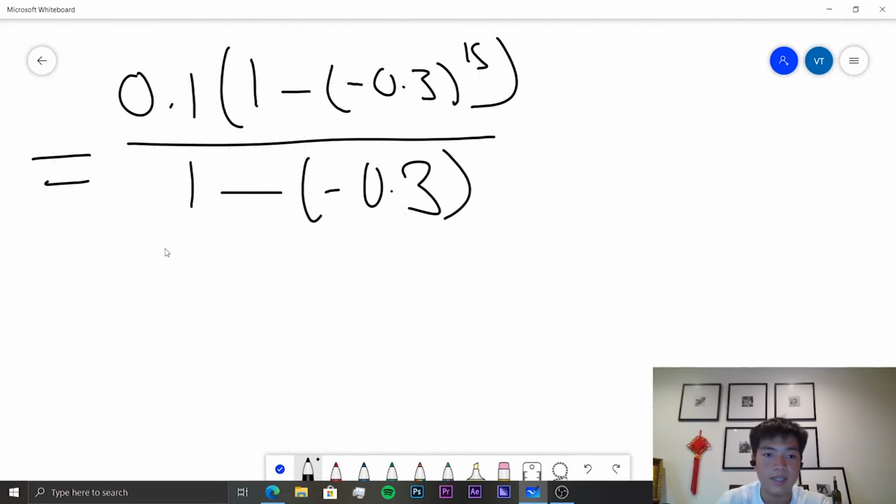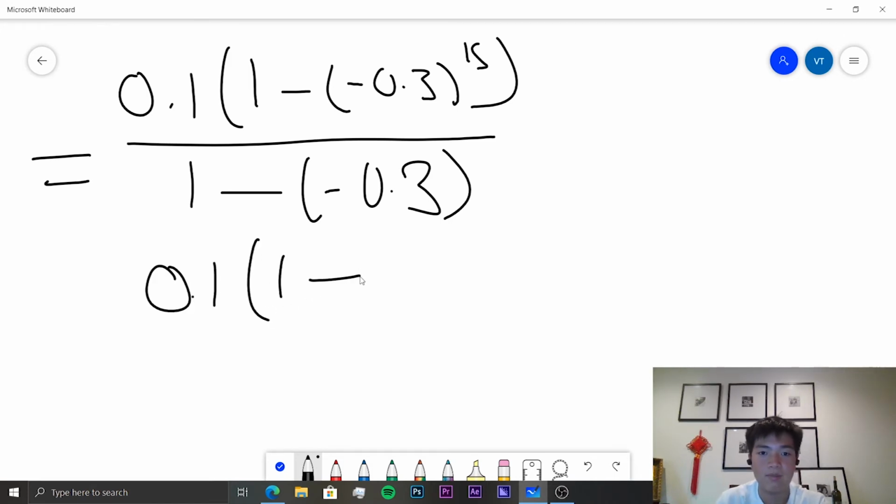And this should be okay. Let's just multiply everything out. Grab the calculator. 0.1 times 1 minus, so we need to know -0.3 to the power of 15, which is not fun. We can just say 1 minus that. So 1 minus -0.3 to the power of 15, which is actually more than 1.